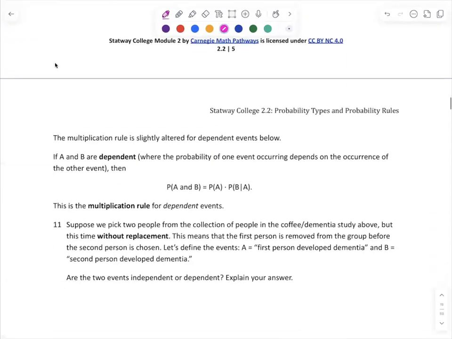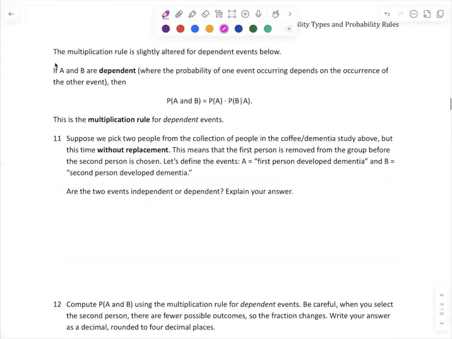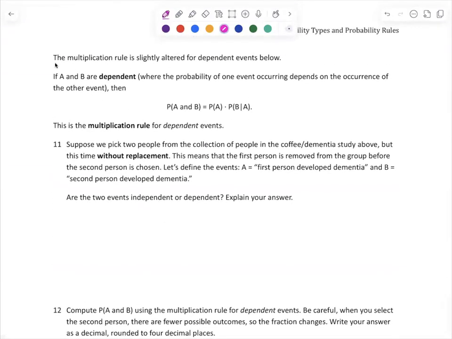Very well. So in your breakout room, please make sure to discuss these questions. Now let us move on to without replacement. If A and B are dependent, it means that the probability of one event happening depends on the occurrence of another event. Then the multiplication rule shifts its format.